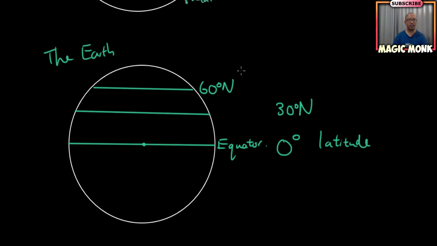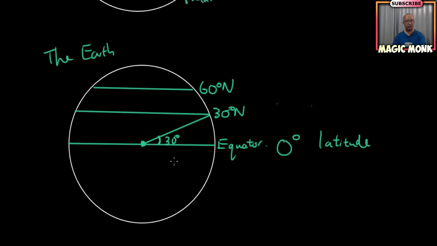Where are these degrees coming from? They come from, if you start from the center of the earth and you draw a line going from the center to the circumference, this angle here, 30 degrees, is what determines the number for the latitude.